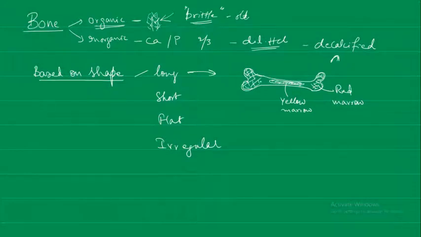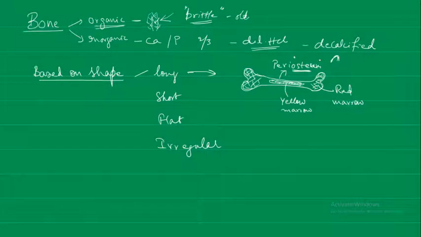Now the external surface of the bone is covered by a membrane known as the periosteum. Osteum means bone: osteology, osteoclast, osteoblast, all mean related to bone.